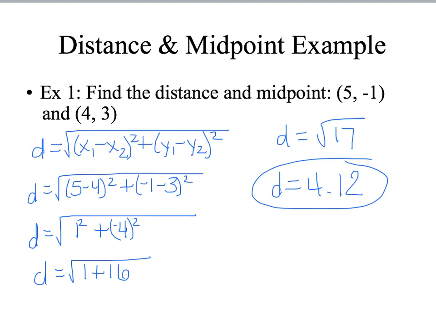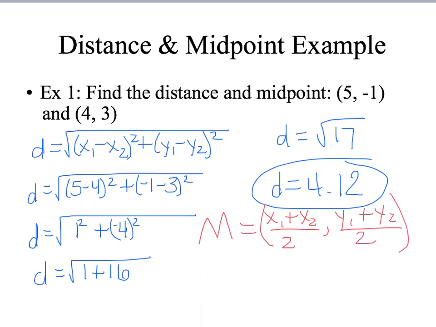And now for midpoint, when you think about midpoint, think average. Midpoint we represent with capital M. We're going to add the x's and divide by 2, and add the y's and divide by 2. And what you should end up with is another ordered pair.